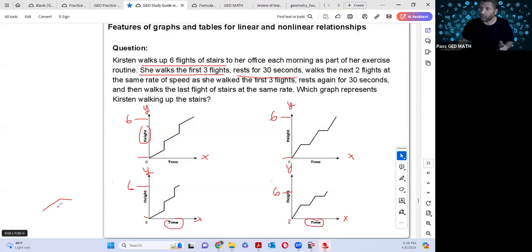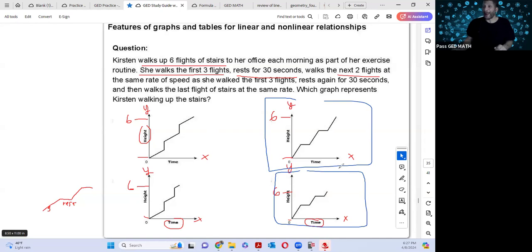So this is my first 3 flights of steps. This is where I rest. Then I walk up the next 2 flights. Then I rest for 30 seconds. So the only graphs that have rest in them are here and here.